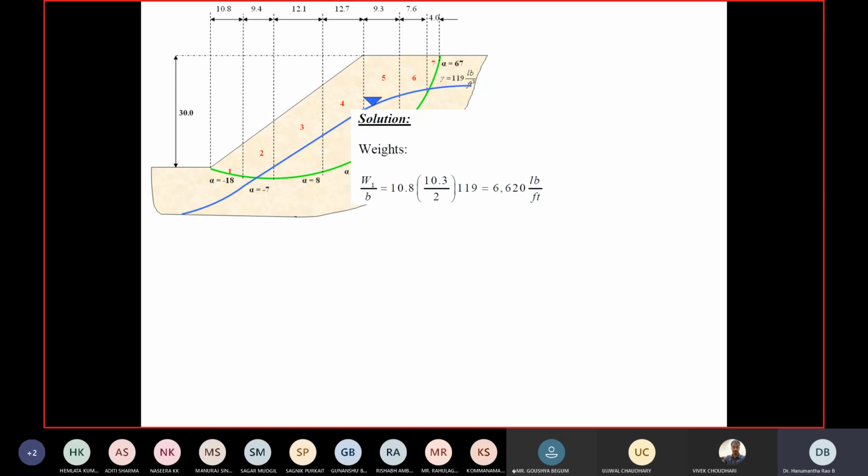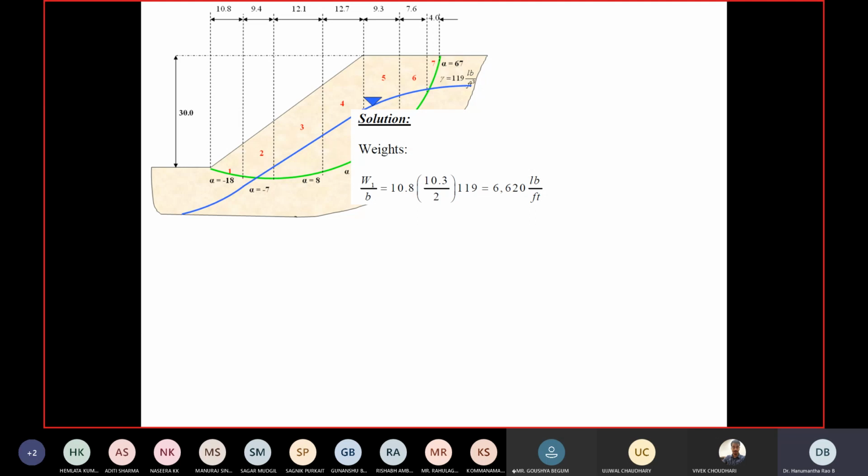So the weights. First calculate the base width of the slice. The width is 10.8 meter. The horizontal width of the slice is 10.8 meter. Then the inclined length of the slice is 10.3 by 2.